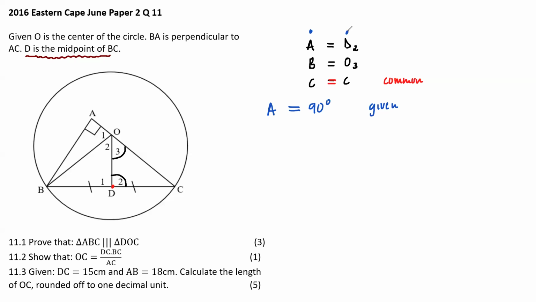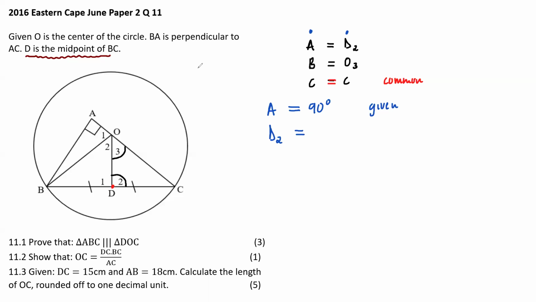Now, why is D2 also 90? Because if A is 90, then D2 must be 90. Why is D2 90? Grade 11, welcome. A line drawn from the center of the circle to the midpoint of a chord is perpendicular to the chord.